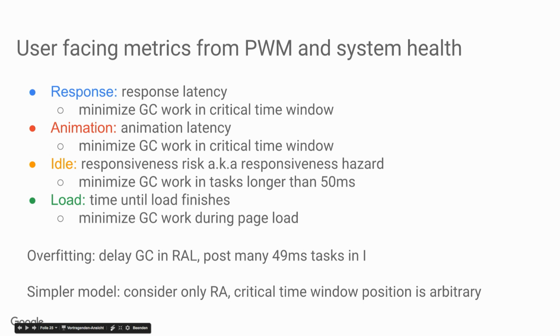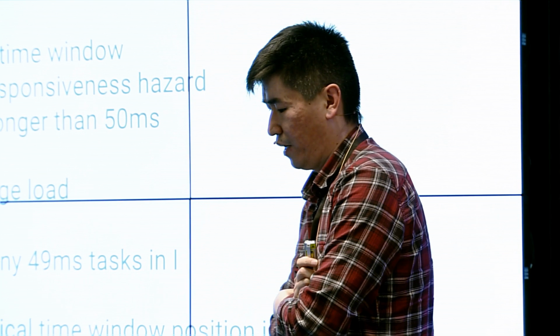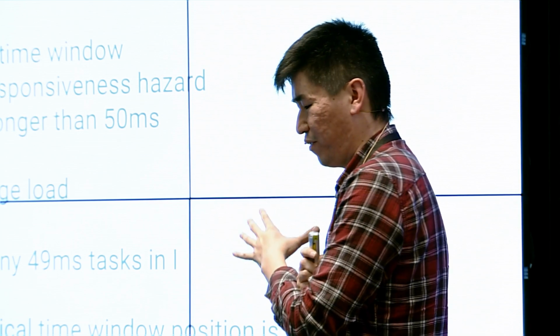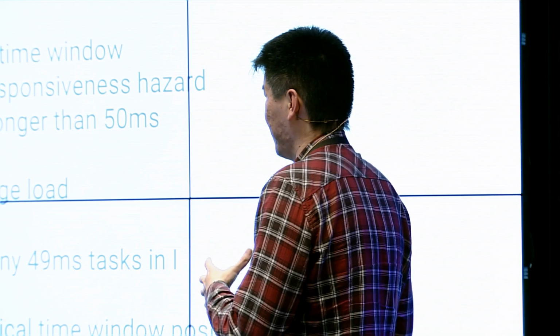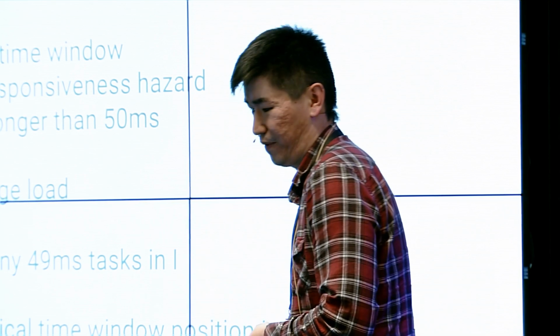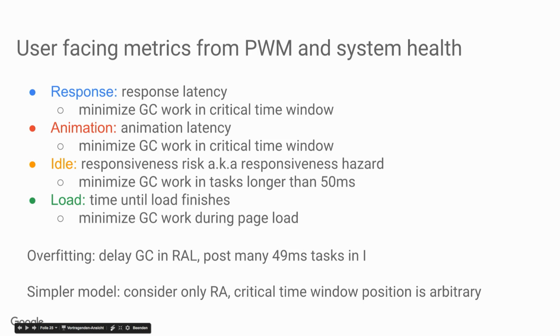We could look at what user-facing metrics are telling us, and there is a lot of work going on in defining this, what is a user-facing metric, with progressive web apps and system health. I took the TBM version 2 definition of what is the latency for different RAIL phases, and this is my understanding.